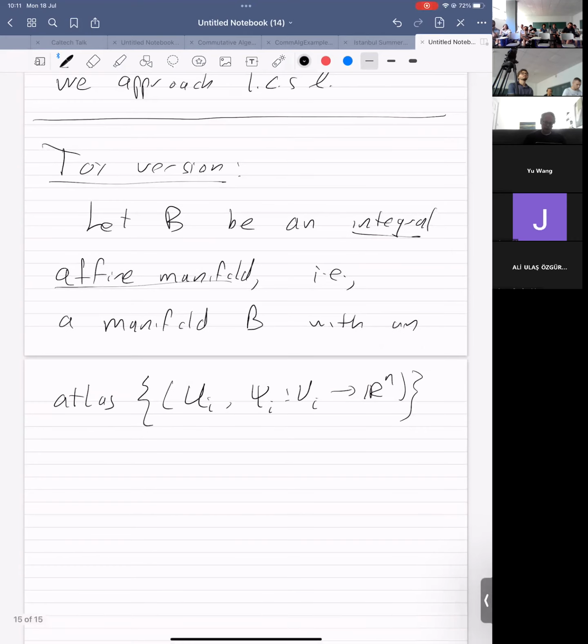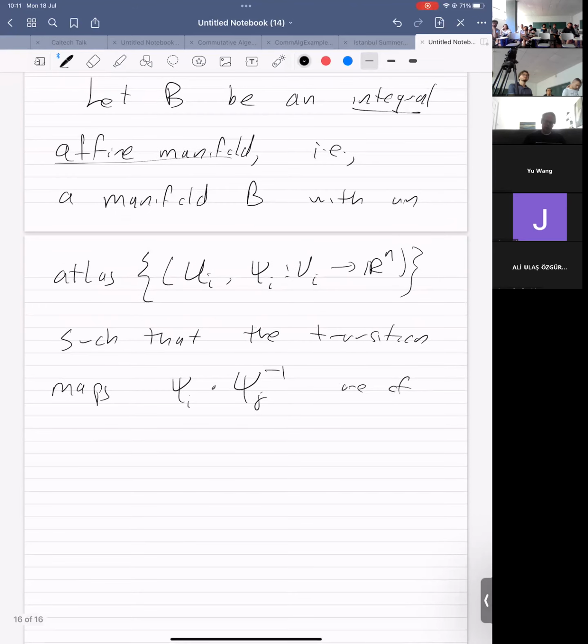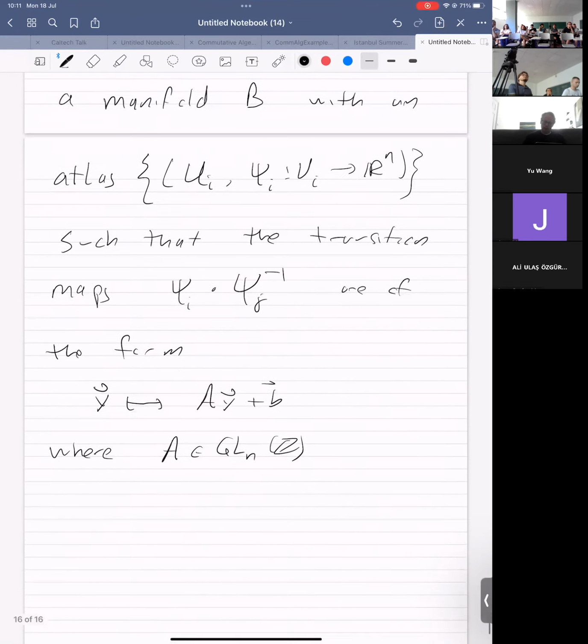such that the transition maps psi_i composed with psi_j inverse are affine linear with integral linear part, let's say y goes to Ay plus b, where A is an integral invertible matrix, A is in GL_n(Z), and b is in R^n.